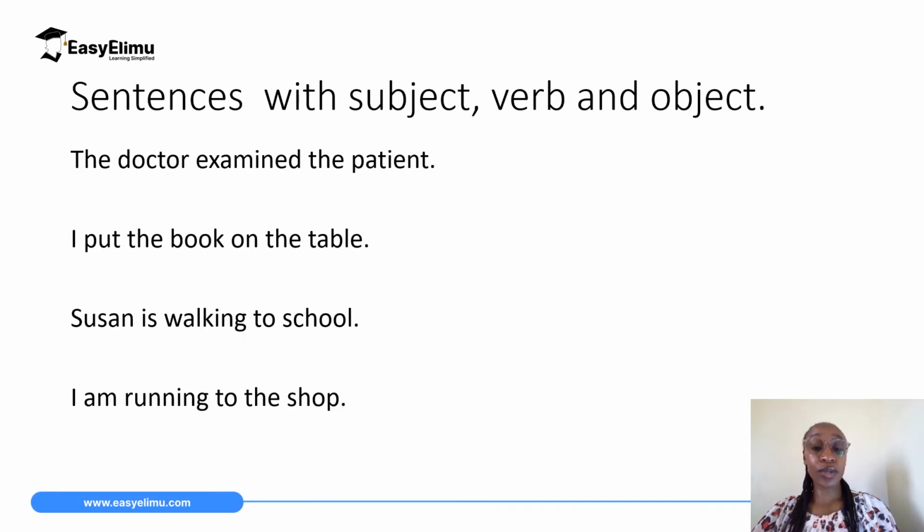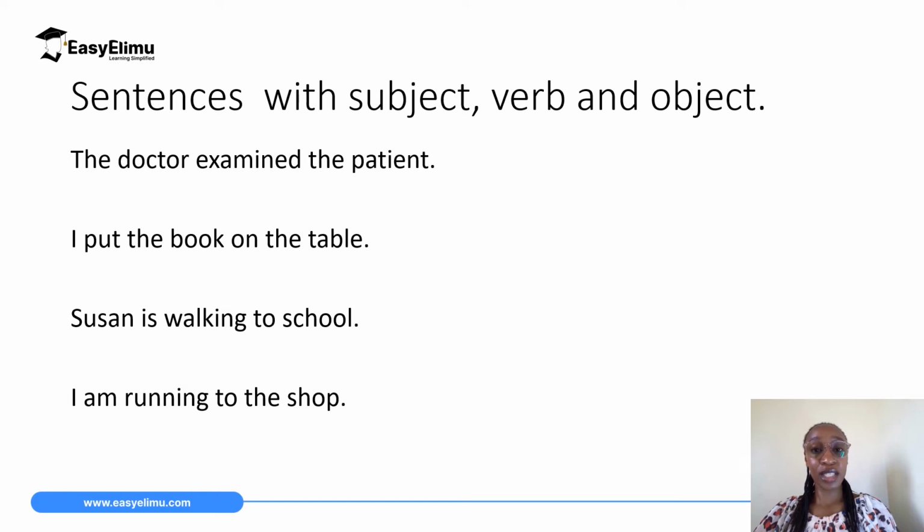We can also have sentences that have a subject, a verb, and an object. For example, the doctor examined the patient. So the doctor is the subject. Examined is the verb.